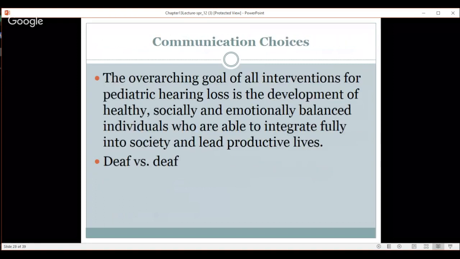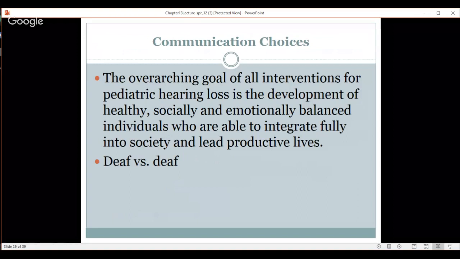Looking a little bit closer at each of those communication choices. So the overall goal of all interventions for pediatric hearing loss is the development of healthy, socially and emotionally balanced children who are able to integrate fully into society and lead productive lives.